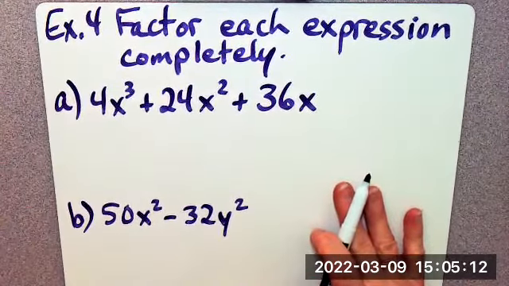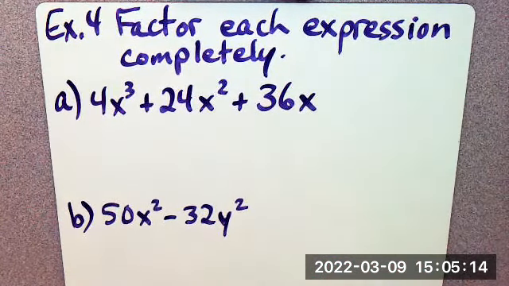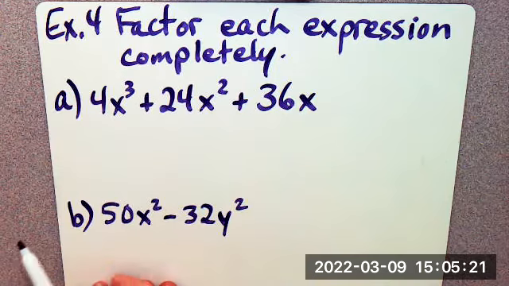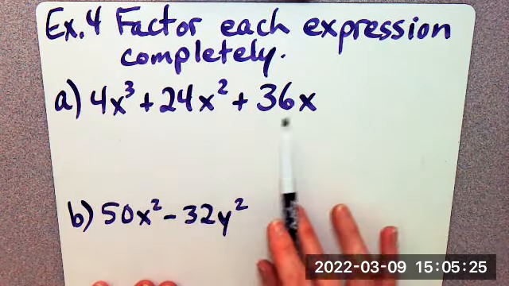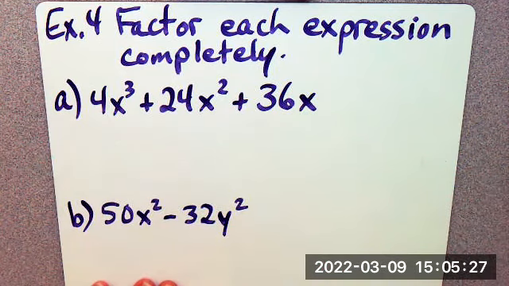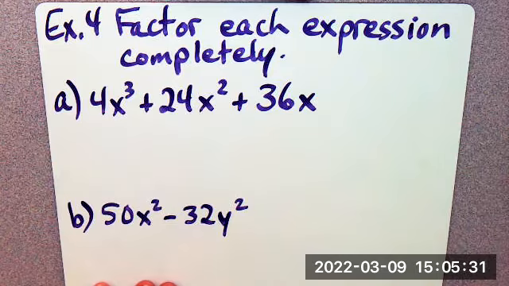So now let's factor each of these completely. All right, so we have 4x cubed, 24x squared, and 36x. And this looks suspiciously like it has a hidden greatest common factor.